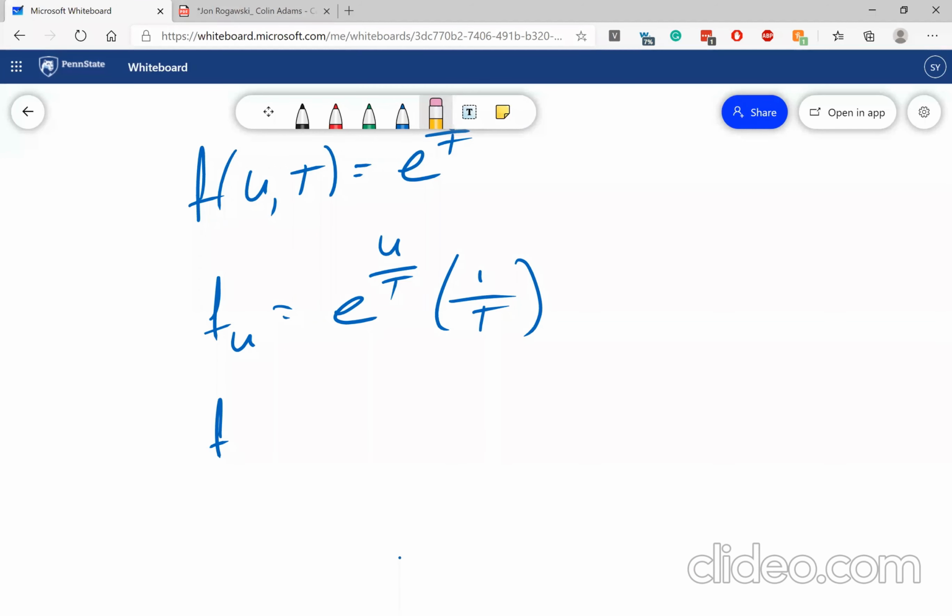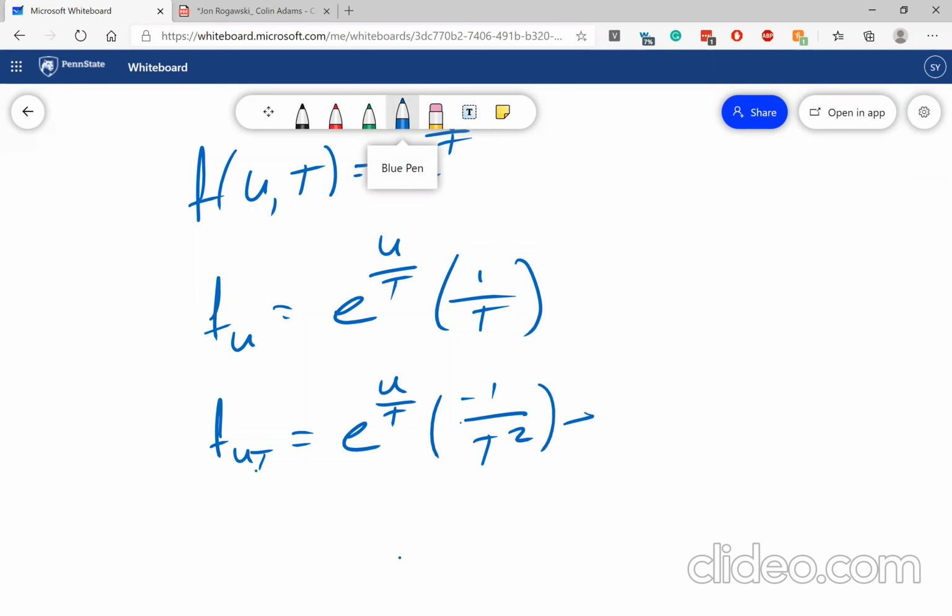Good. So now the partial of this with respect to t, okay, so now you have u and you have t. Perfect. Now this is going to be this times the derivative of that, so e to the u over t times -1 over t squared plus 1 over t times the derivative of this with respect to t, which is e to the u over t times -u over t squared.